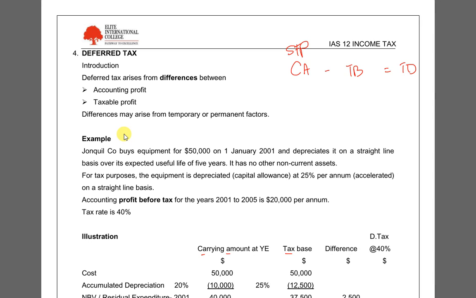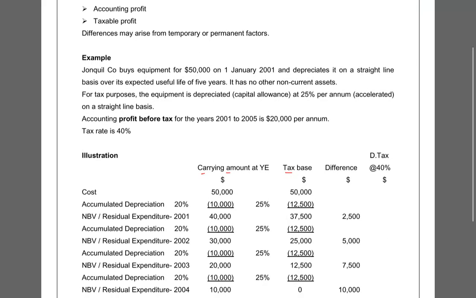No. Between our carrying amount in our book with tax should not have any difference. So one of the contributing factors for the difference is because we use accrual, but tax uses cash basis. Tax can be cash, can be accrual basis. But ours is confirmed accrual.